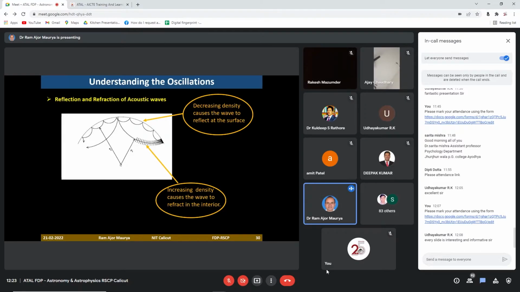Okay. So when a sound wave is generated inside the sun, and let us say it is propagating, this is one wave, and you can draw the wave front. This is perpendicular to the wave direction. The inner part of the wave front is facing higher temperature, right?